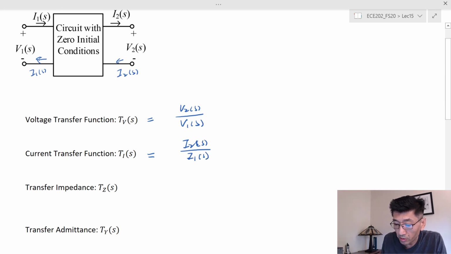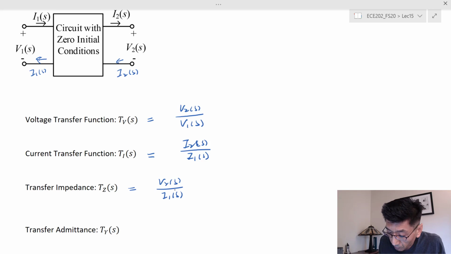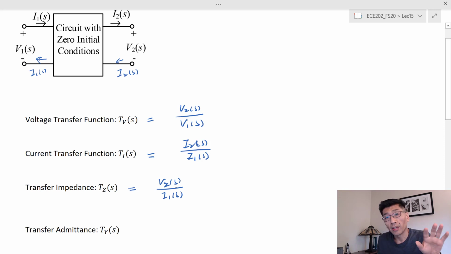Okay, and also we have a transfer impedance, which is equal to V2s over I1s. So it's still kind of V equals I times Z, but in this case V2 is the response, the output voltage, and you have the input current.